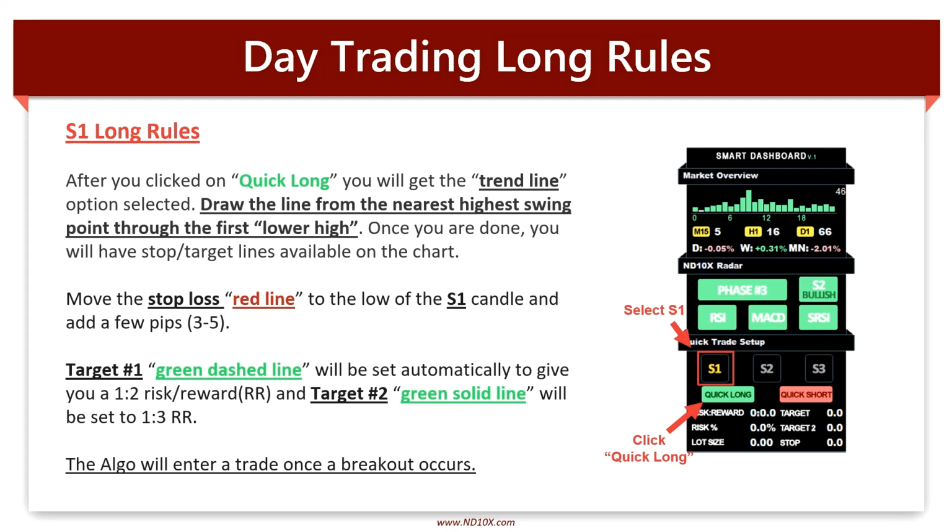Move the stop loss, so the red line, to the low of the S1 candle and add a few pips, 3 to 5 would be ideal. Target 1, green dashed line, will be set automatically to give you a 1 to 2 risk reward, and target 2, green solid line, will be set to 1 to 3 risk reward. The algo will enter a trade once a break occurs.